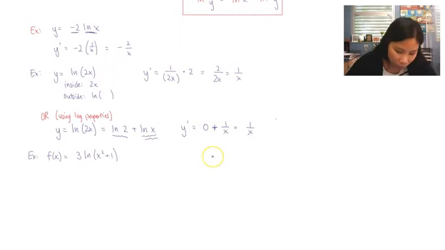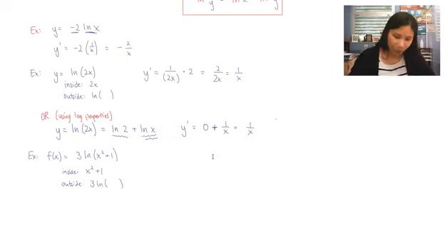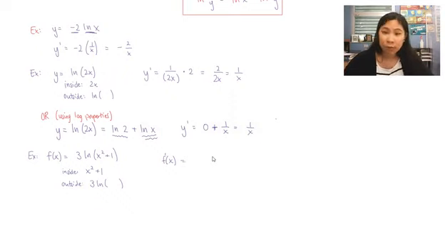Okay, so inside outside. The stuff on the inside is the x squared plus 1. The stuff on the outside would be everything else. So the 3 natural log stuff in parentheses. Okay, so finding the derivative, or f prime of x, we're taking the derivative of the outside.